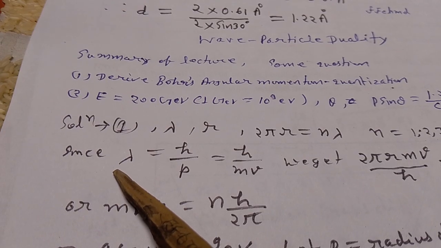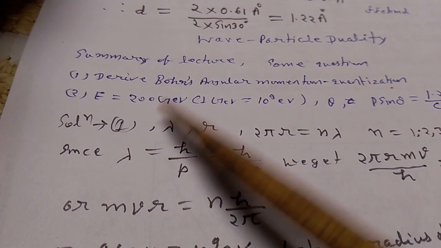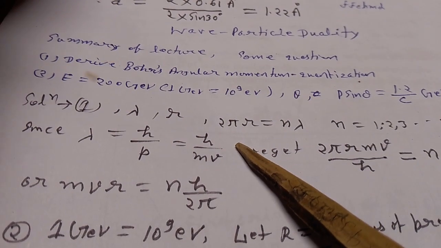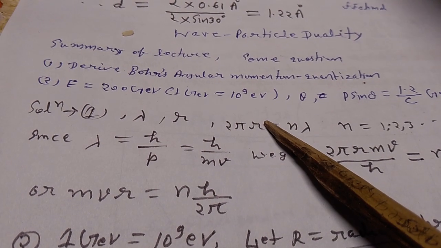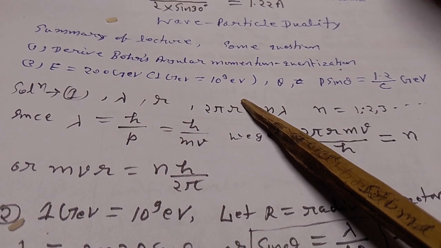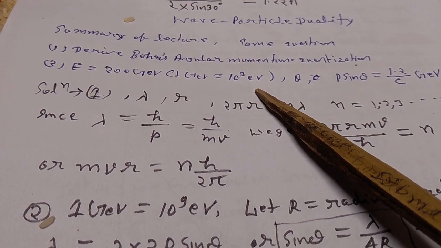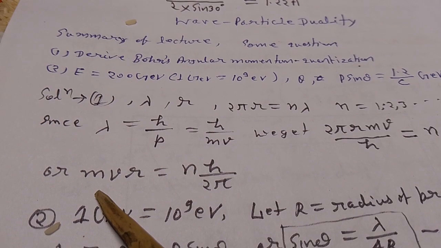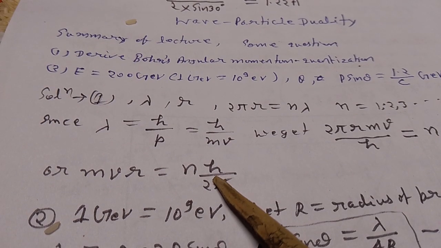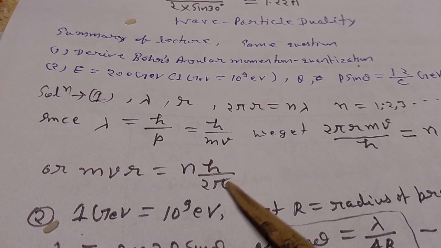Since lambda equals h by p, which equals h by mv, we get 2 pi r mv by h equals n, or mvr equals n into h by 2 pi.